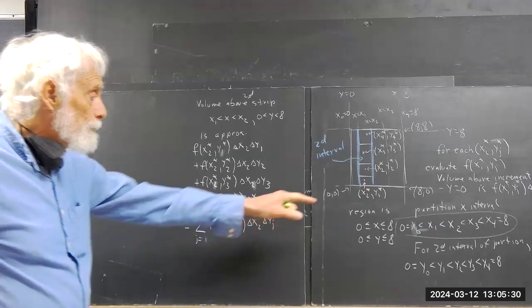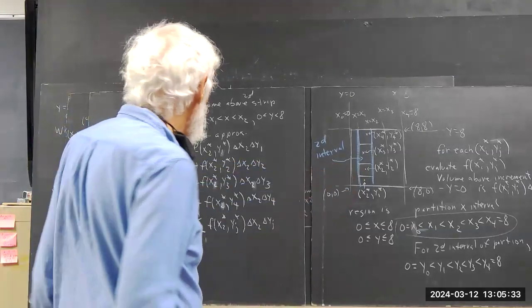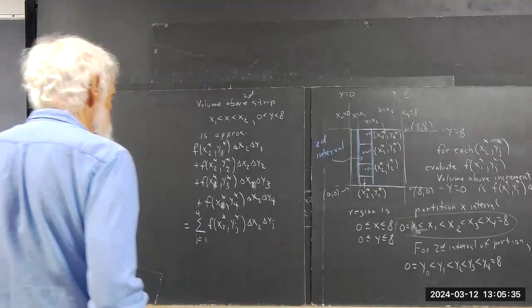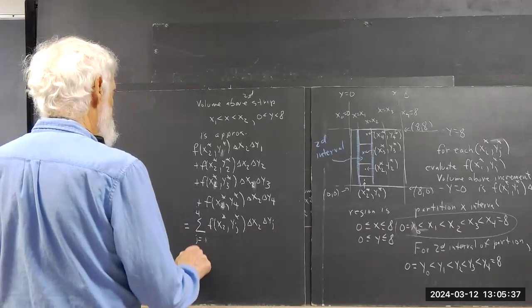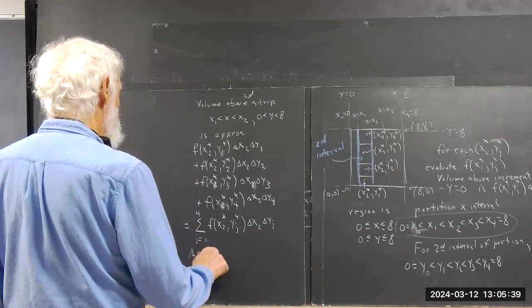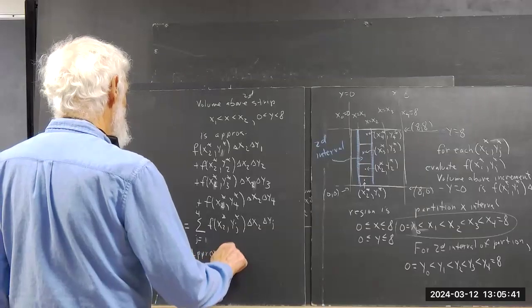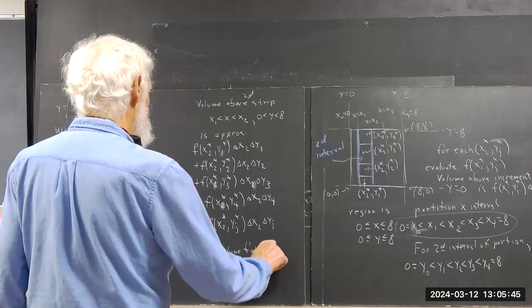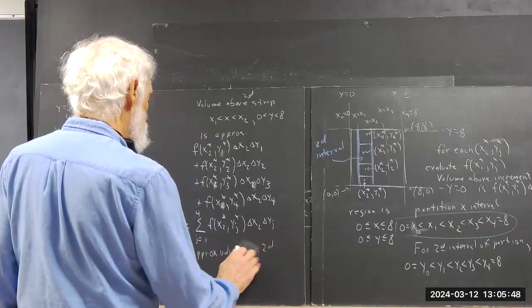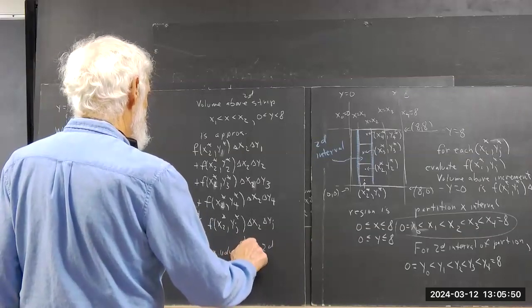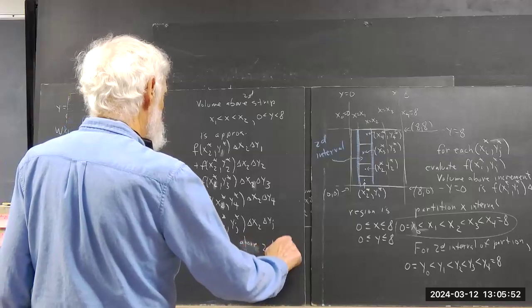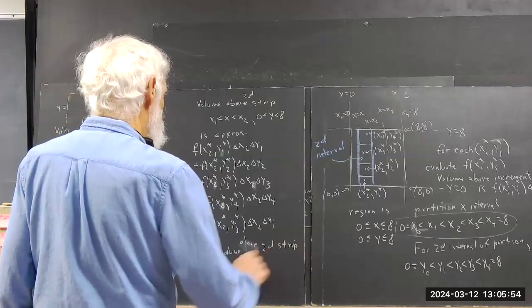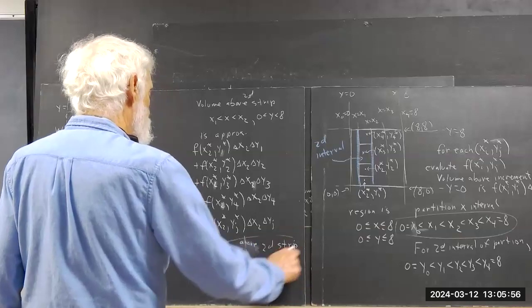Well, that's this strip. So this approximates the volume above the second strip.